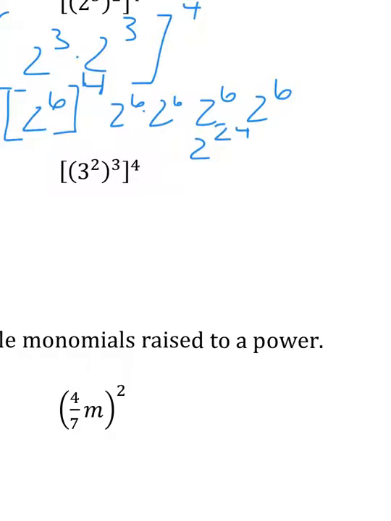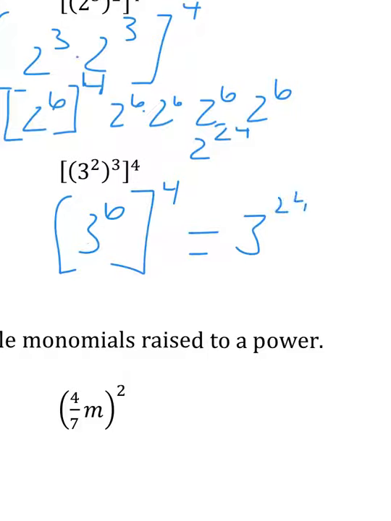That's 3 to the 2 times 3, so that's 3 to the 6th. Then we have that to the 4th. Well, 6 times 4 is 24, so this is 3 to the 24th. So like I said earlier, if we have a power of a power, we multiply the exponents.